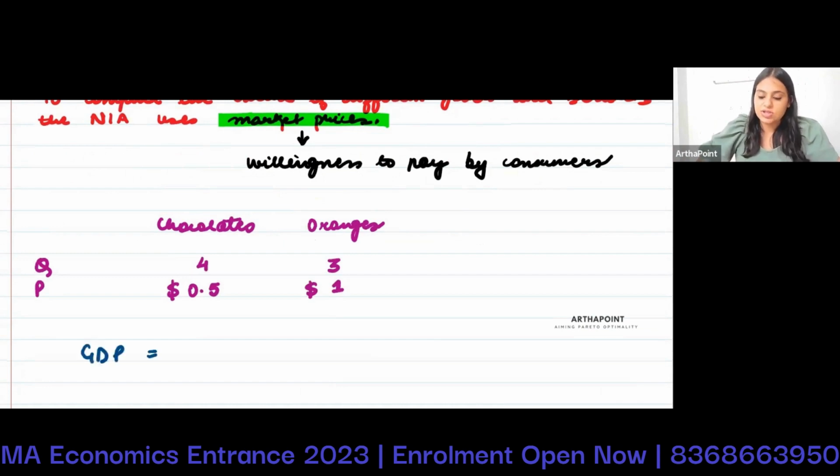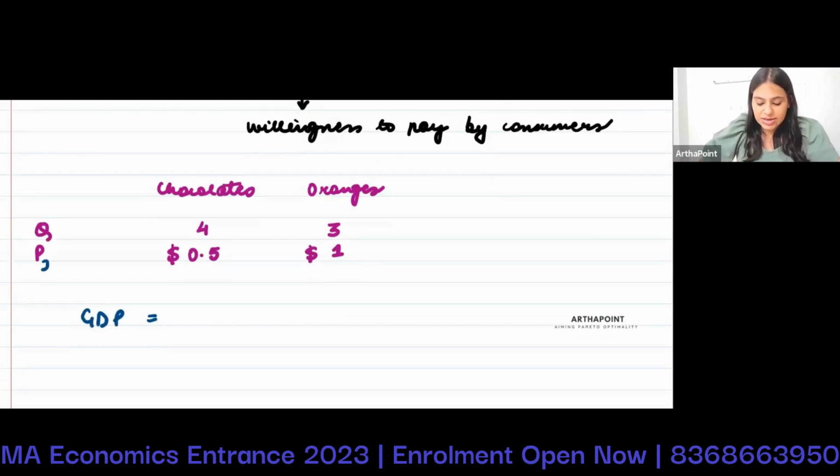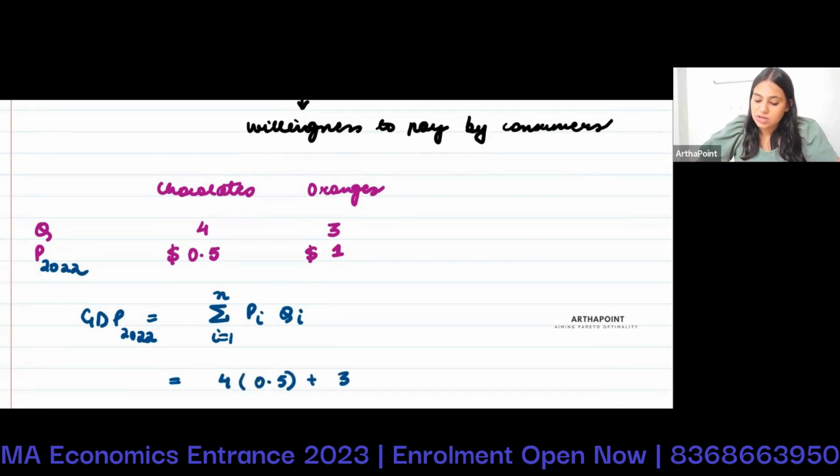The GDP, this price is the latest price. So the GDP is also for the latest year. So it will be summation PI, QI for different products, right? So 4 into 0.5 plus 3 into 1, which will be 5.